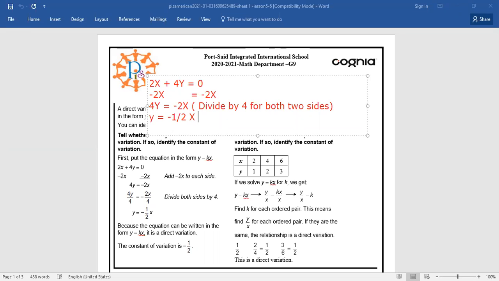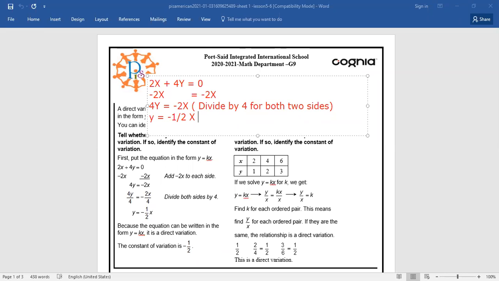So in this case, we have y equals negative half x, which means we rewrote it to follow the general form. And what is the value of the constant of variation now? Negative half.